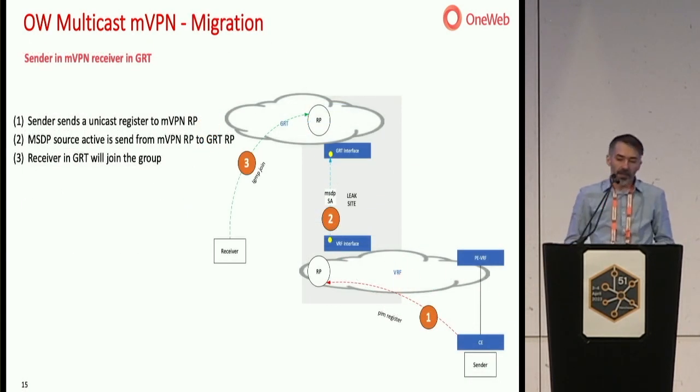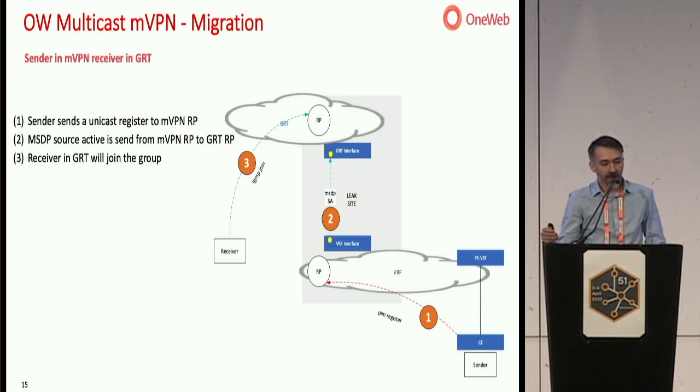Then if you turn it around and you have the sender in the VRF and the receiver in the global routing table, similar messages are exchanged, but you have a register towards the RP in the VRF, then source active via MSDP to the global routing table, and then traffic starts flowing.